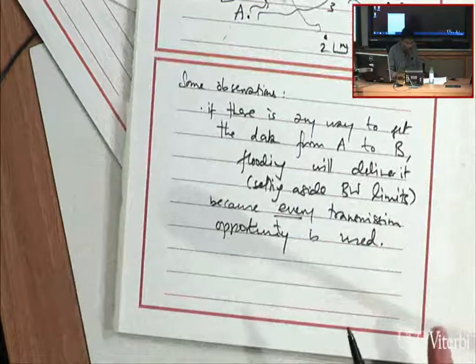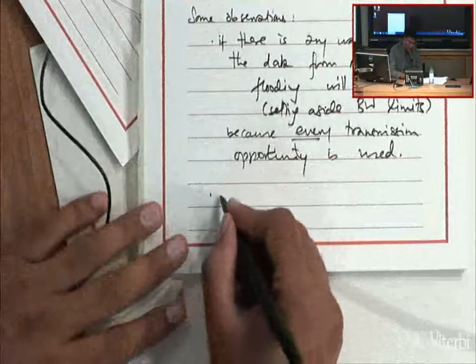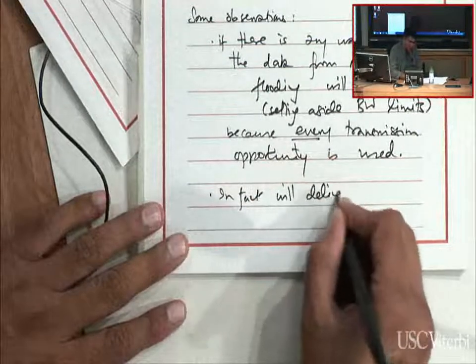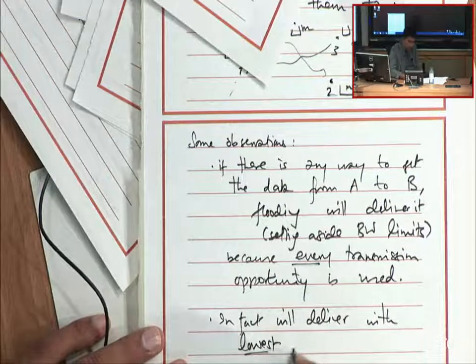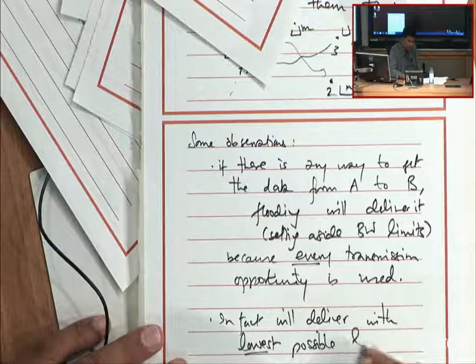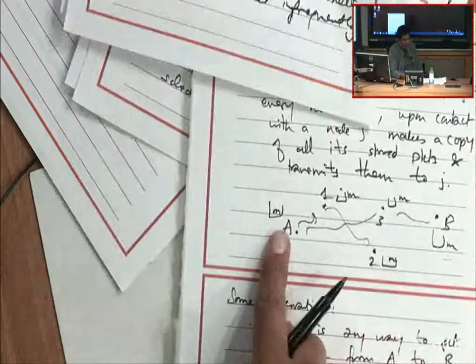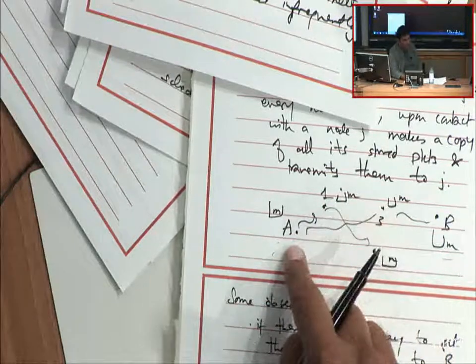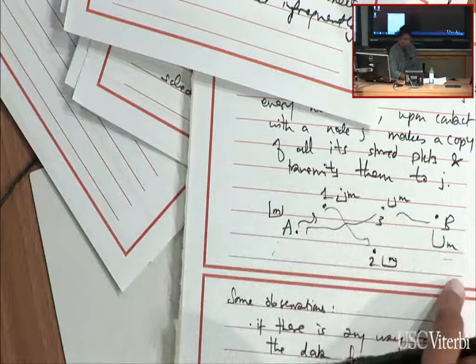Well, what other things can we say about it? In fact, it will deliver with lowest possible latency. And that's pretty remarkable, because it says of all the possible ways in which you could have delivered data from A to B, whichever was the quickest set of combinations, like maybe A to 1 to 2 was not the shortest, but A to 3 to B was the shortest.